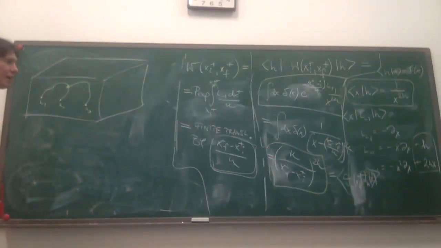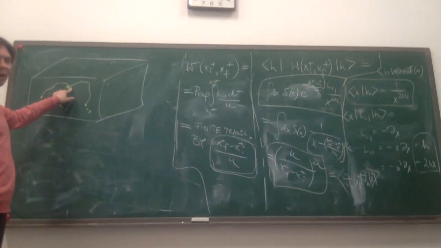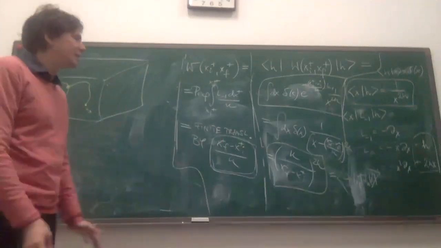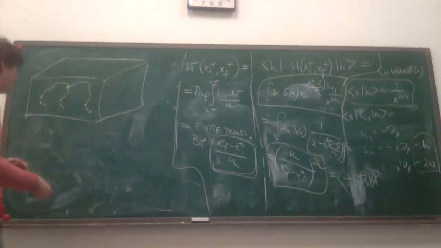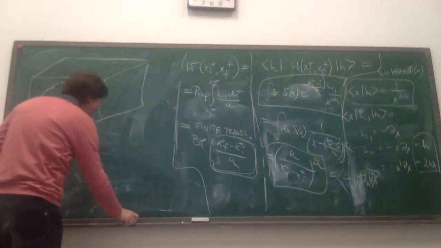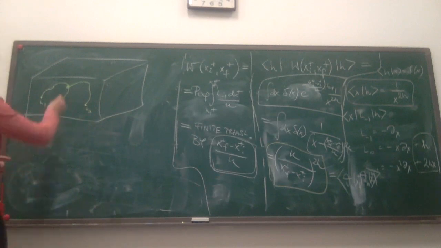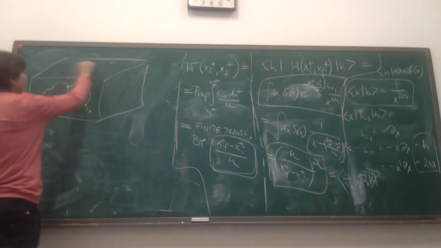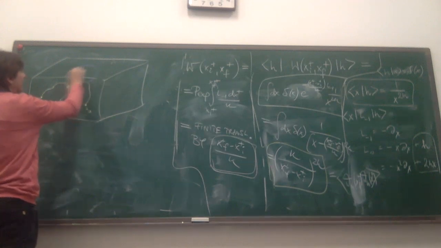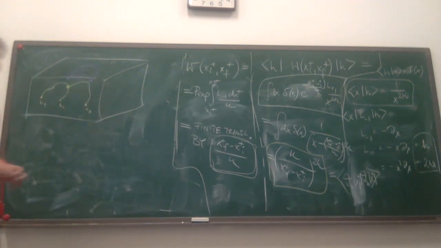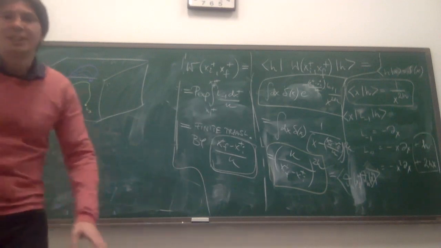Now, in principle, I can define it in any way I want to, but some definitions are much worse than other definitions. So let's think about what would be a very good property. A very good property, thinking back about Wilson lines again, is that if I had a Wilson line like this, then I was allowed to deform it, and I was allowed to deform it because of the flatness condition.